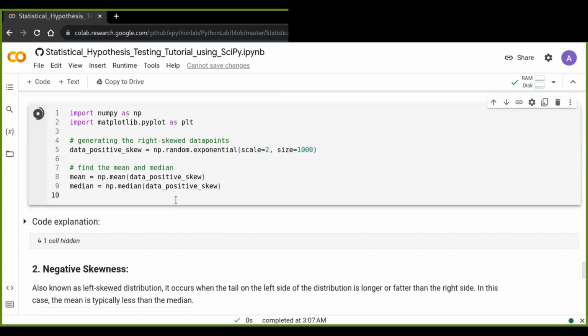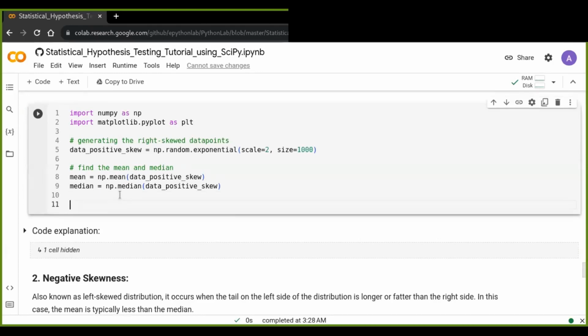Now I can understand the means and medians of the data points and going to visualize the distributions of the data points with mean and median to understand the data is skewed to right or left.